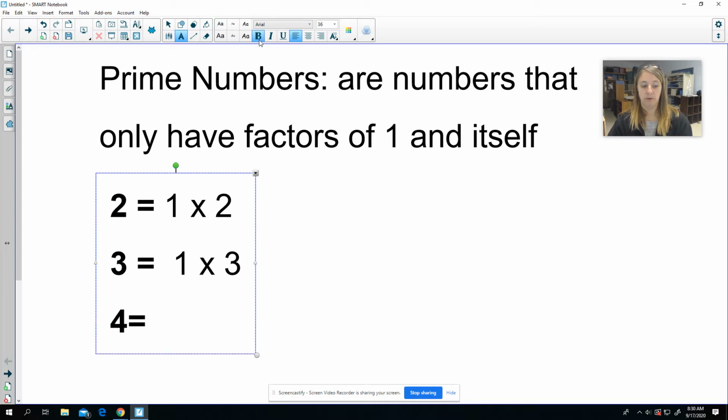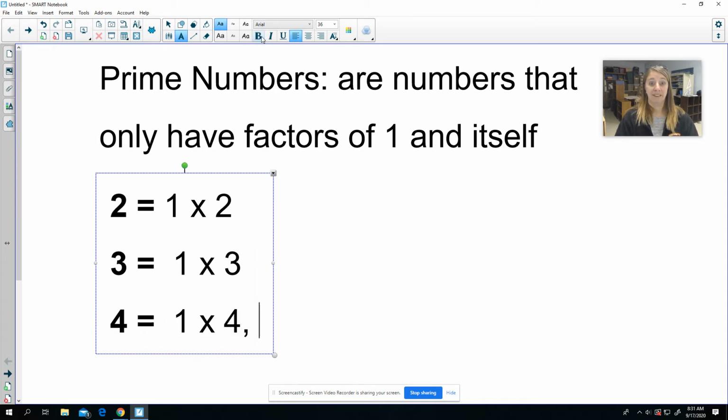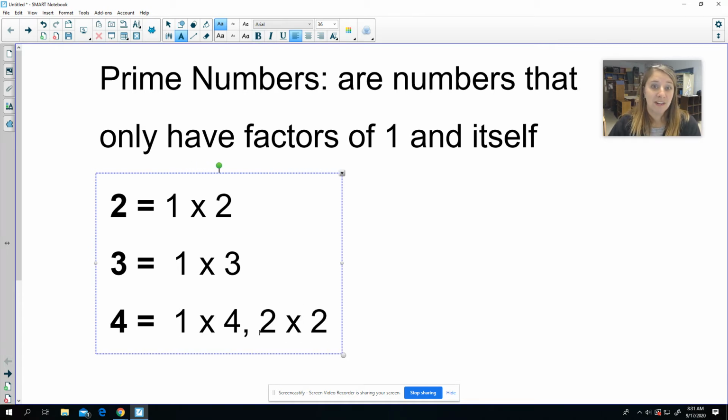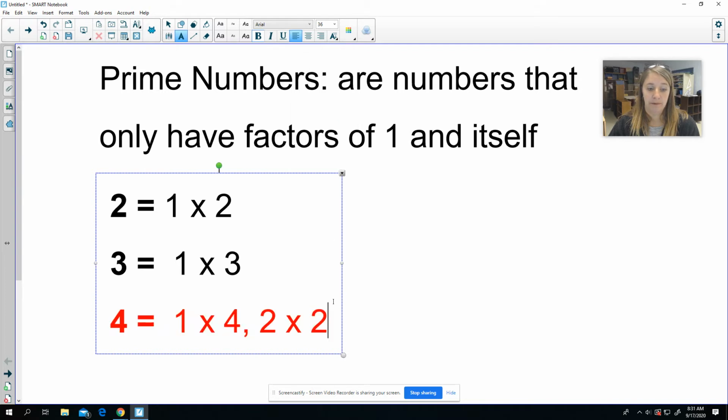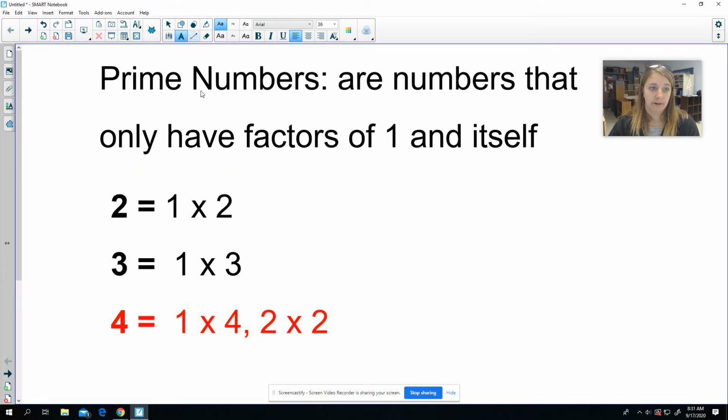So then we keep going in our list. My next number would be 4. Think of 4. There's 1 times 4, but then there's also 2 times 2. Because there's another option for multiplying that makes 4, 4 is not a prime number. So that would not work.